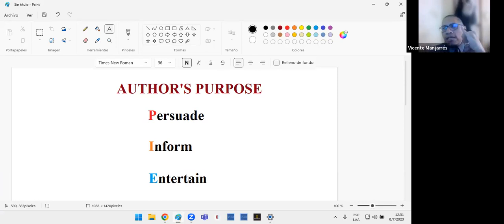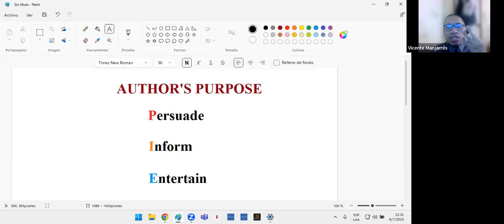First, to persuade, meaning to convince. They want you to believe something, to try something new, believe in a new idea or philosophy, etc. Number two, inform. Inform is just to give you the facts, tell you what happened, but without being biased, remaining impartial.